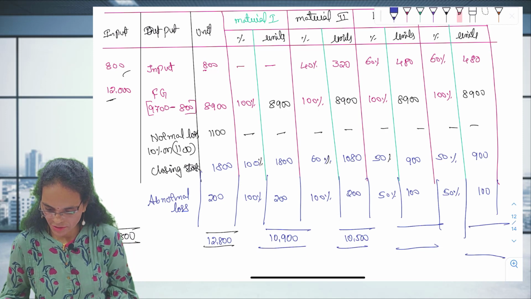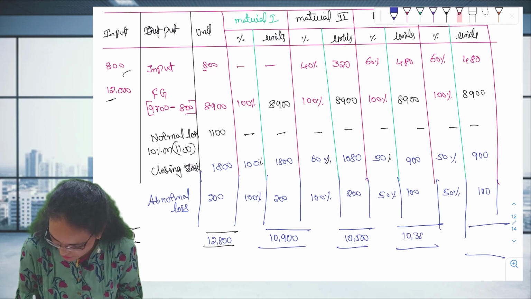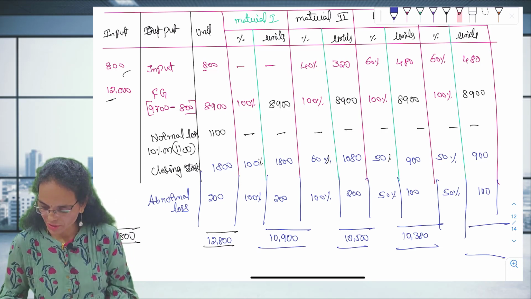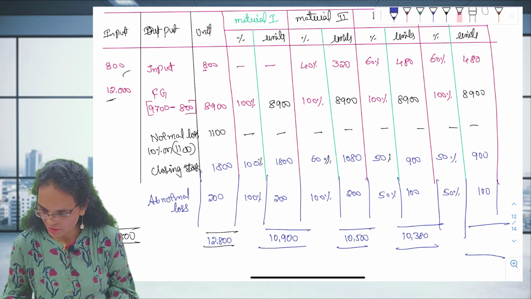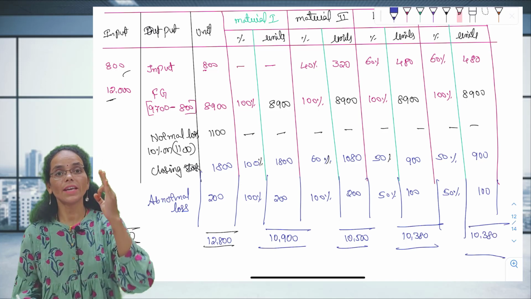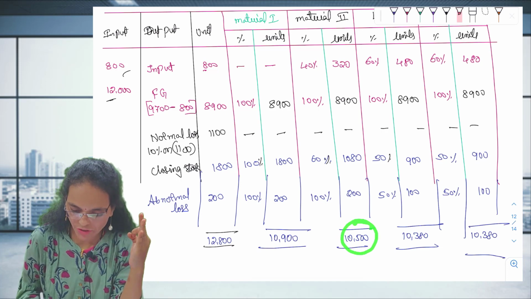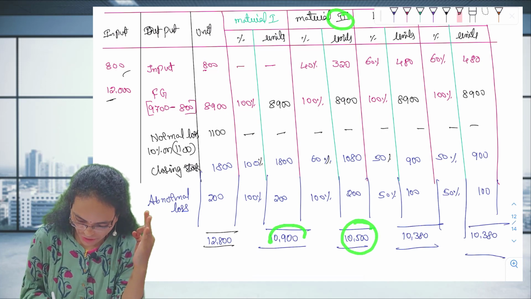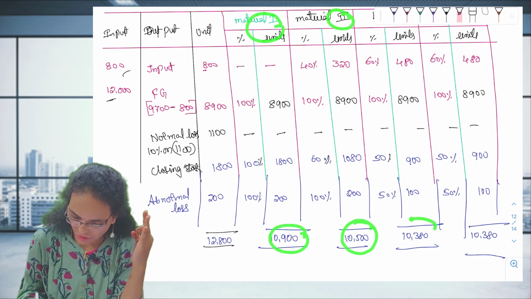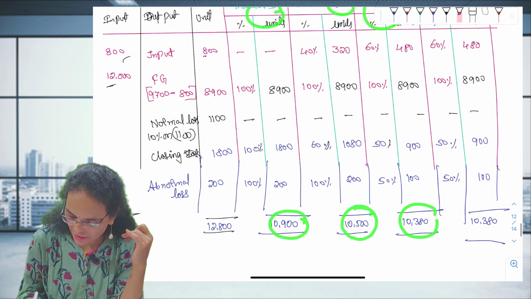480 plus 8,900 plus 900 plus 100, that is 10,380. Same for the other. These are the equivalent number of units for material 2, material 1 this much, labor this much, overhead this much.